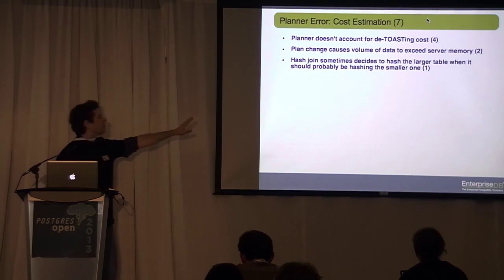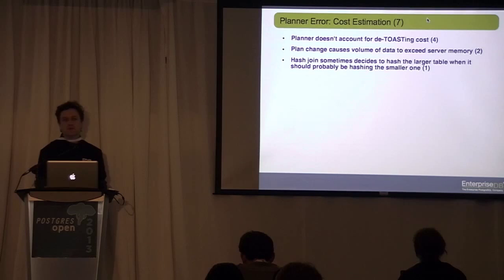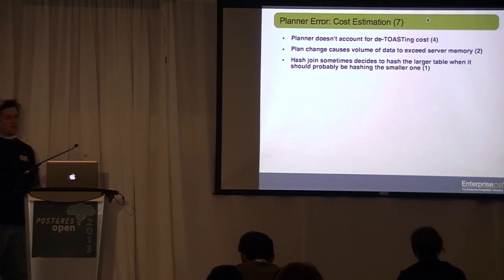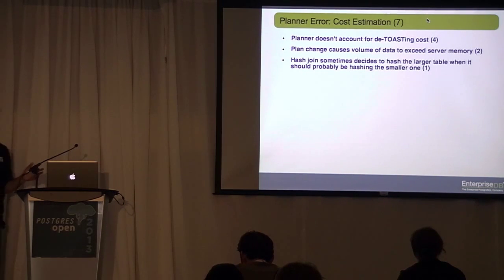But the problem here is that some nodes in the plan tree require that you actually detoast the tuple. Toasting is our method for storing large values out of line. If you have anything larger than a couple of K, it's going to get invisibly pushed into a side table.